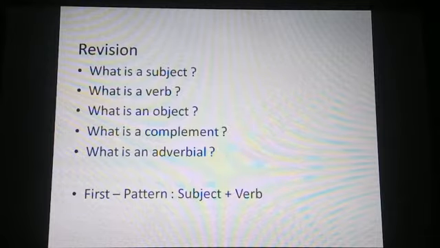An adverbial is a word or group of words expressing time, place, and manner of an action or sentence. And then we did the first pattern, that is the subject plus verb pattern. Now today we are going to continue with the second and third pattern.